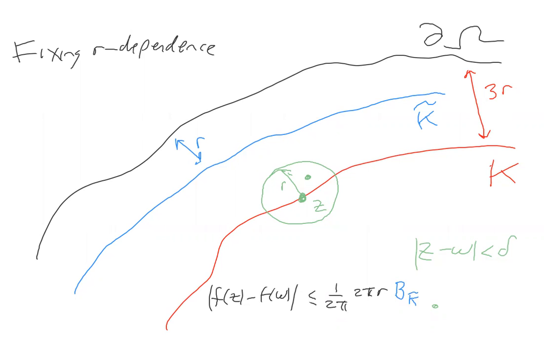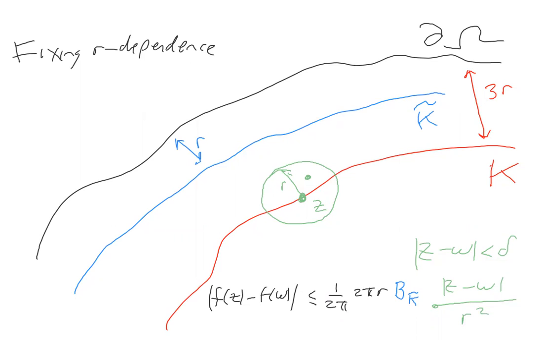And now, when I look at what's going on in the denominator, I have 1 over zeta minus z minus 1 over zeta minus w. That gave us the |z minus w| divided by r squared. But remember now, r is fixed.